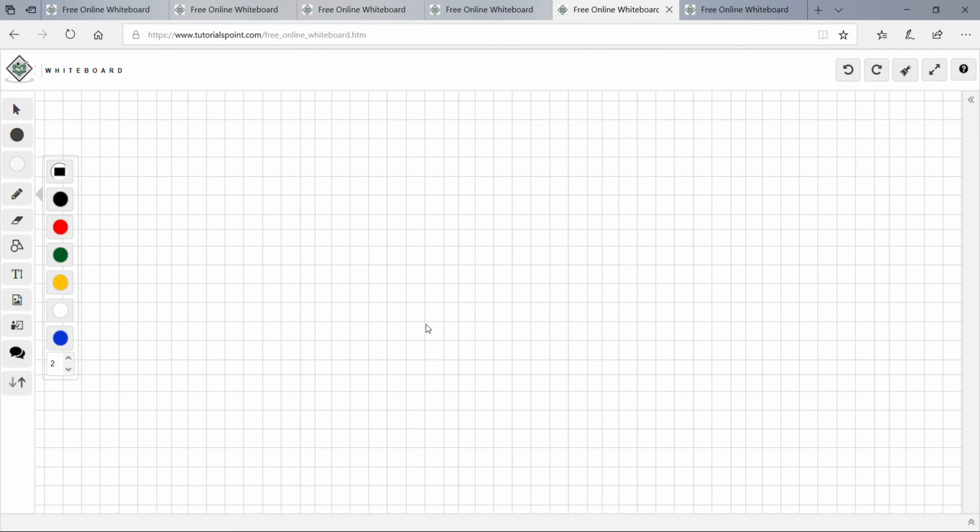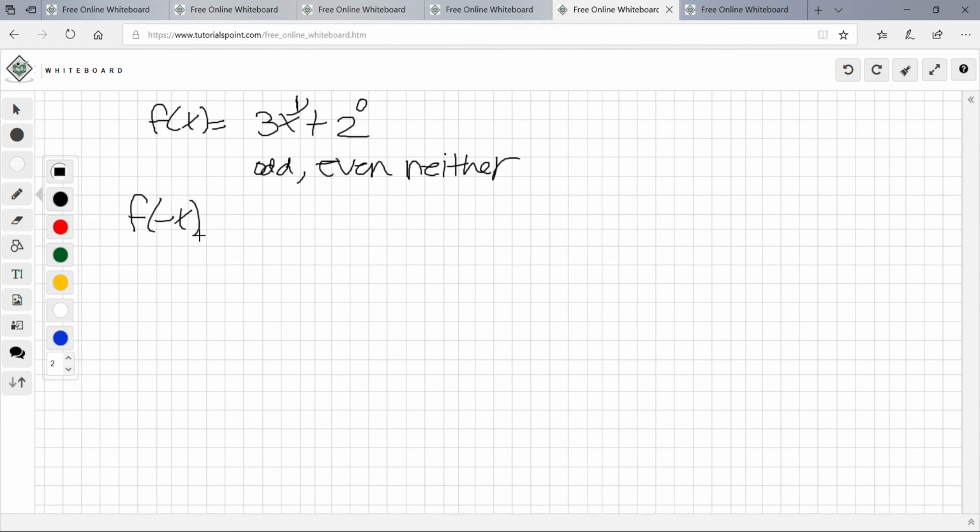Let's do 2 more. Okay, so we have 3x plus 2. Let's look at the degrees first. This one has a 1, and then this one has a 0, right? So we know 1 is odd, and 0 is even. So they don't match up, so it's just neither. And then the other way is you put a negative into the function.